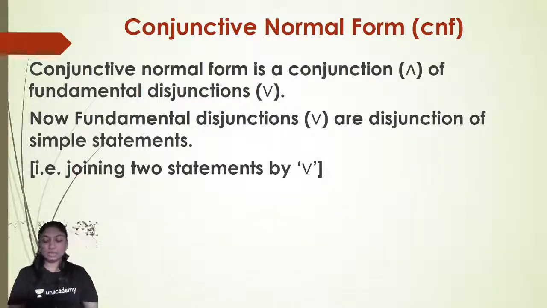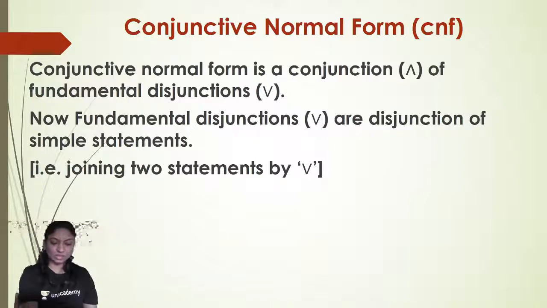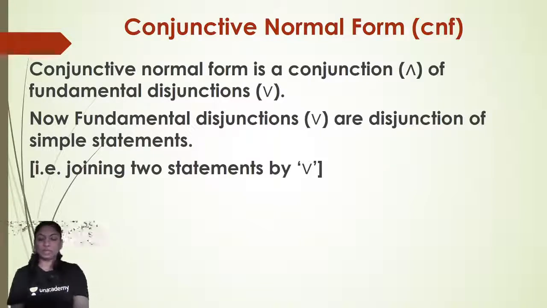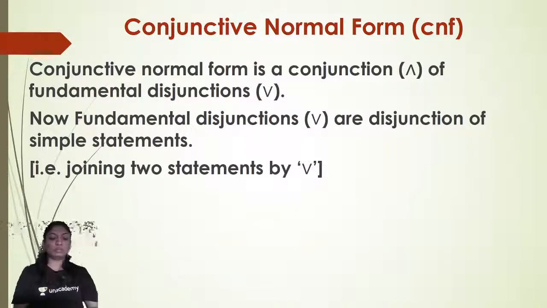Now let's start our actual topic, that is normal form. What do you mean by normal form? There are actually 4 types of normal form, but in this lecture we will see only 2 normal forms. With the help of a truth table, we compare whether 2 statements are equivalent, but when more statements or propositions are involved, then this method is not practical.